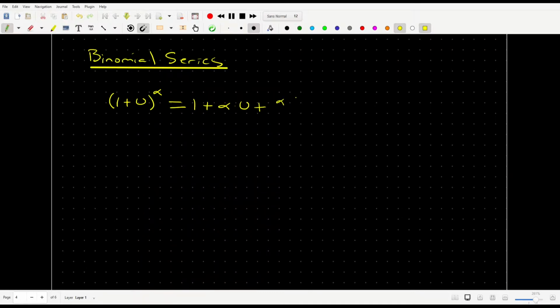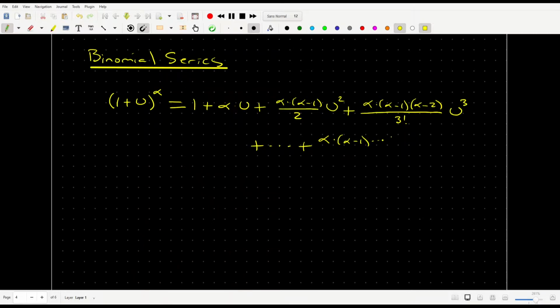plus alpha times alpha minus 1 over 2 times u squared plus alpha times alpha minus 1 times alpha minus 2 over 3 factorial, or 6, times u cubed, and so on and so forth, all the way up to alpha times alpha minus 1 times alpha minus 2, up to alpha minus k plus 1.